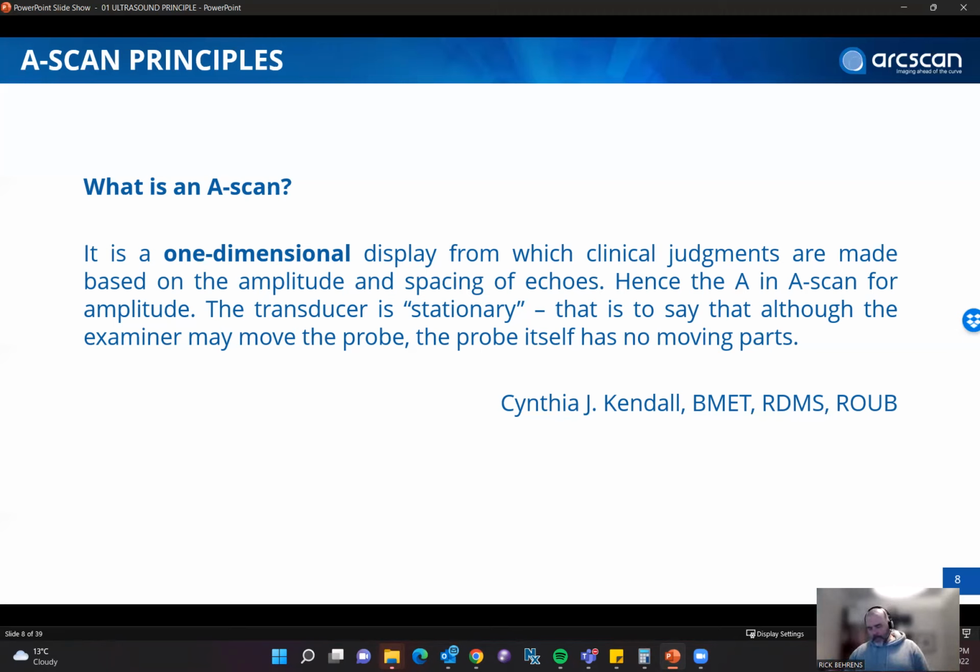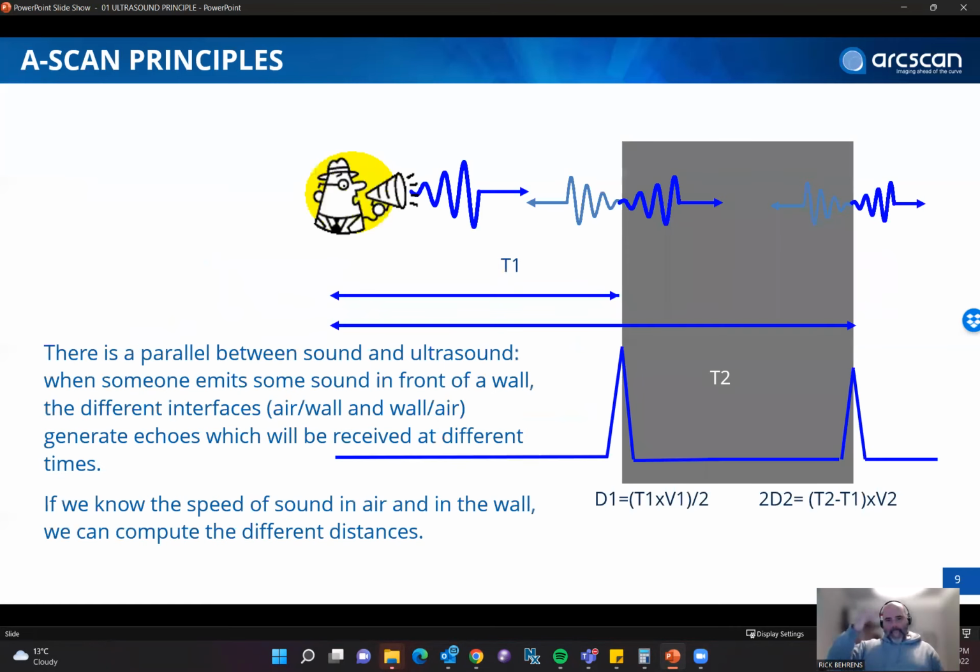Every time this line finds a gate or a change in density, it will produce a peak. That peak is measured in time. So we measure sound, we measure time, we don't measure distance.